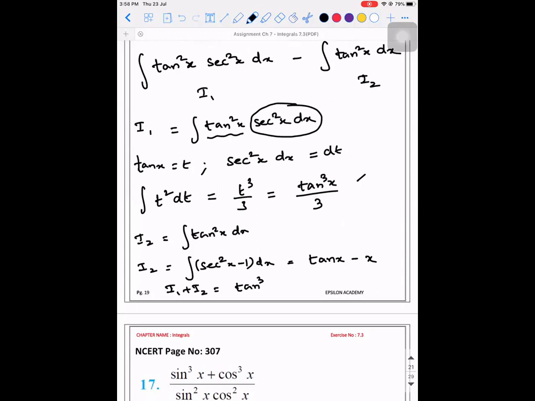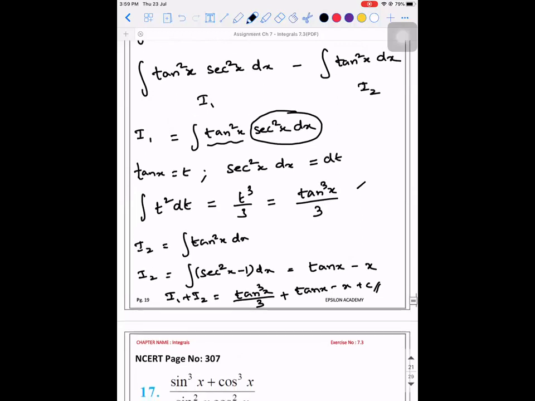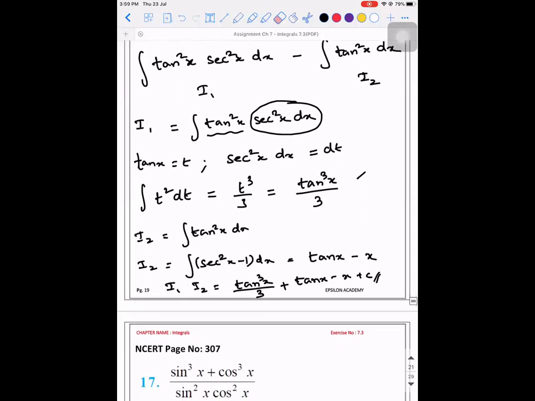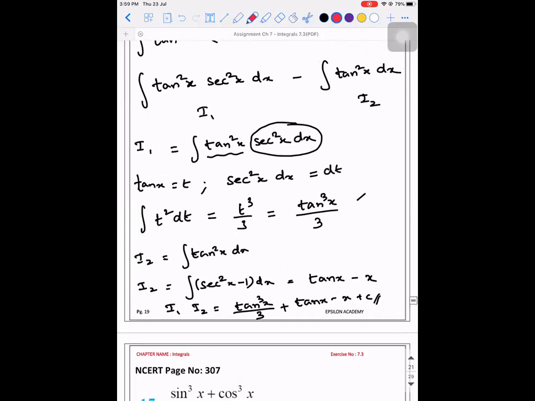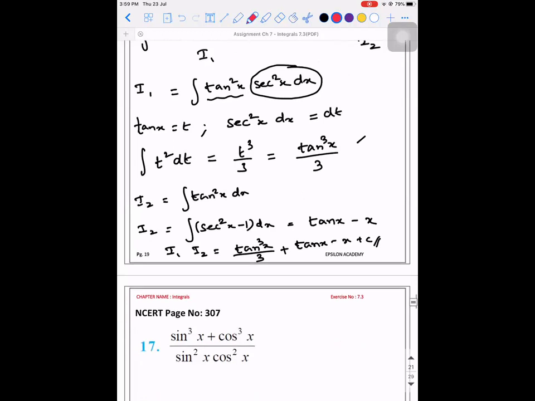That will be tan cube x divided by 3 plus tan x minus x. Oh, it is I1 minus I2, sorry. Here it is minus. So this will be minus and this will be plus.